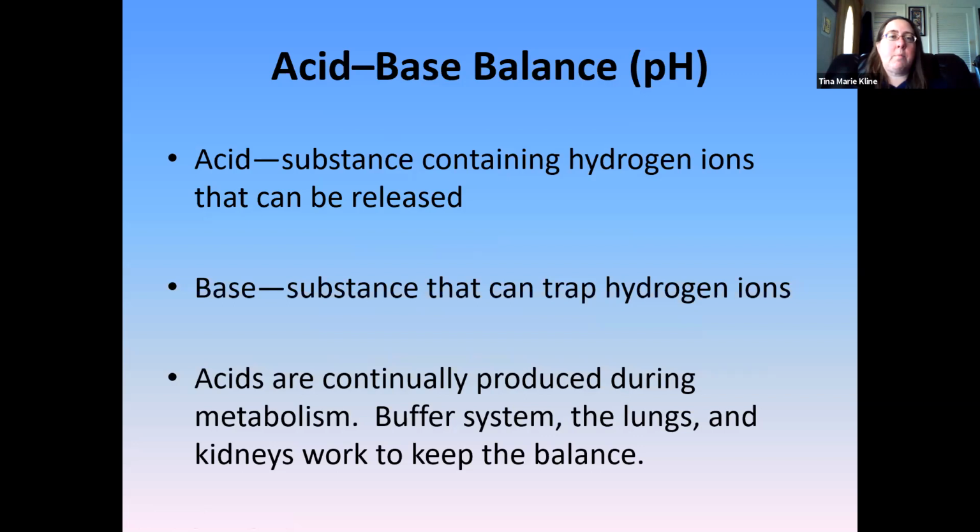It's like Goldilocks and the three bears. I don't want it too low. I don't want it too high. I want it just right, okay? So your body produces acids continuously. It's just part of your natural metabolism. And there's a lot of different systems in your body that keep that balance, okay? Two of the big ones that we're talking about are your lungs and your kidneys.